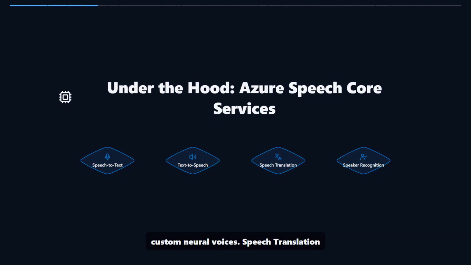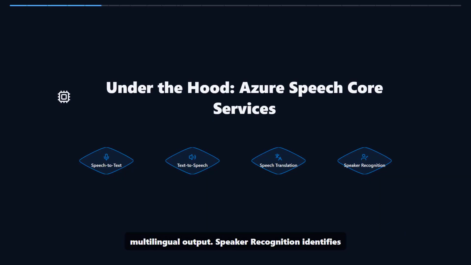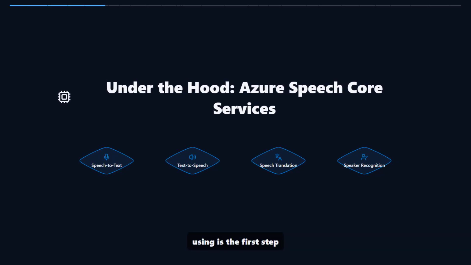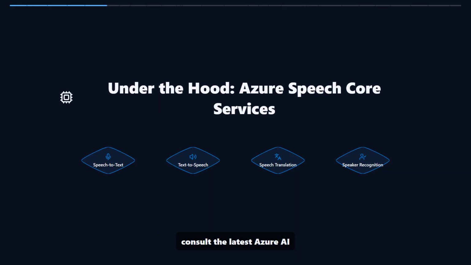Speech translation combines recognition, machine translation, and optional synthesis to deliver real-time multilingual output. Speaker recognition identifies who is speaking by their voice. Understanding the component you're using is the first step to building efficiently. For pricing, consult the latest Azure AI speech documentation.